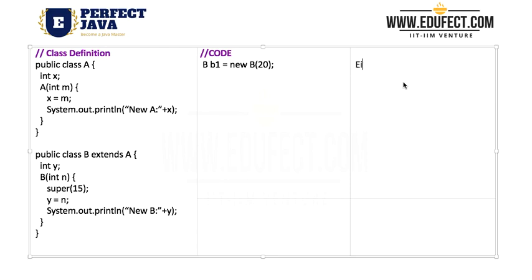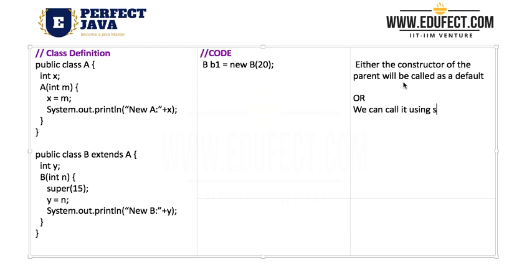Either the constructor of the parent will be called as a default, so in the previous examples we did not call it explicitly, or we can call it using super. Super is a special keyword which we can use to call the constructor of the parent, and it has to be the first line, because that is the first thing that has to happen.